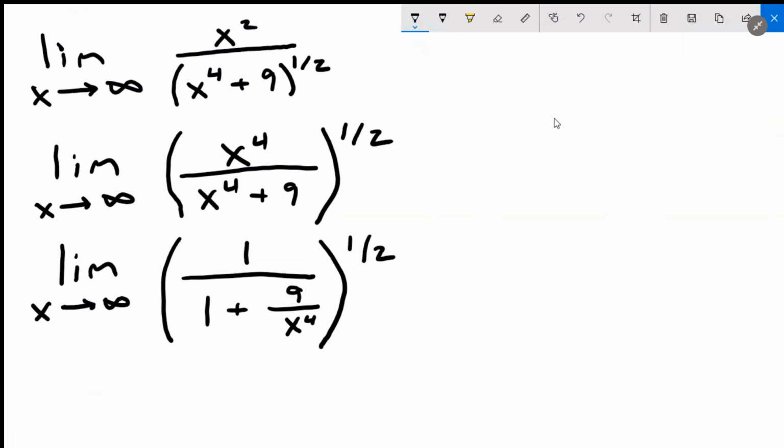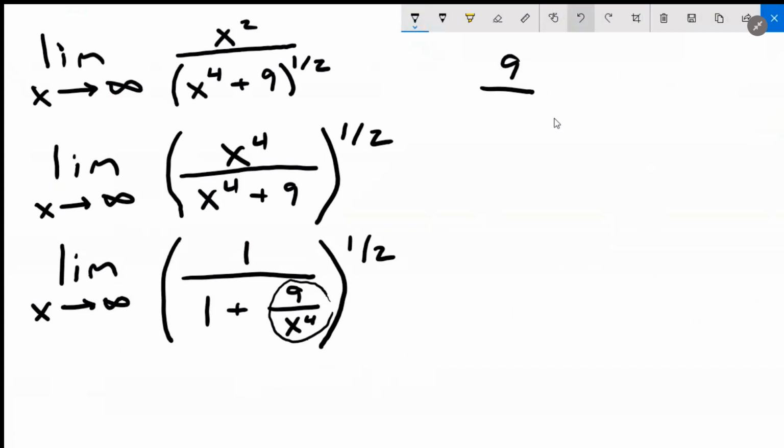So now we could look at our limit. We see that x goes to infinity. What's going to happen to this term as x gets larger and larger? Well, the denominator is going to get larger and larger, and as you divide, I know this isn't real, you can't really divide by infinity, but as you divide by a larger and larger number, this approaches 0.